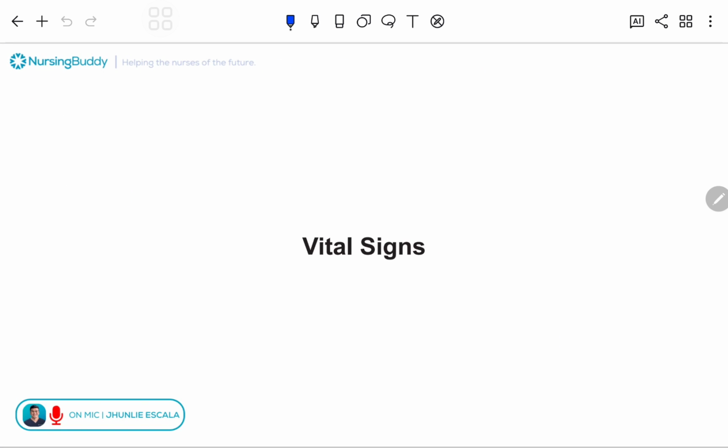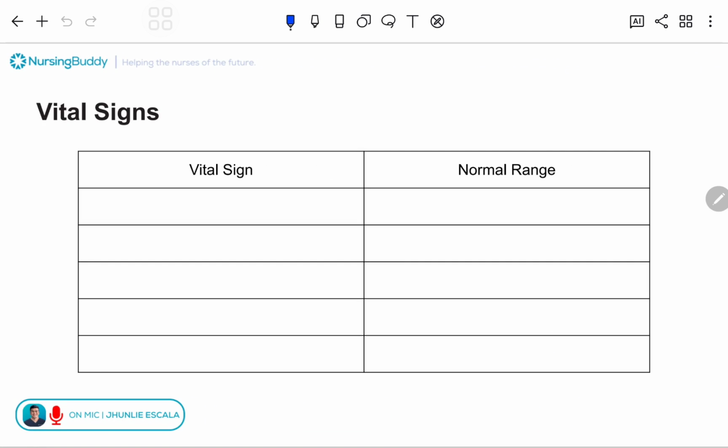Okay, let's start talking about your vital signs. The important thing that we should know about your vital signs is what those vital signs are. And when we say vital signs, the most important thing to know here is what is normal and what is abnormal.